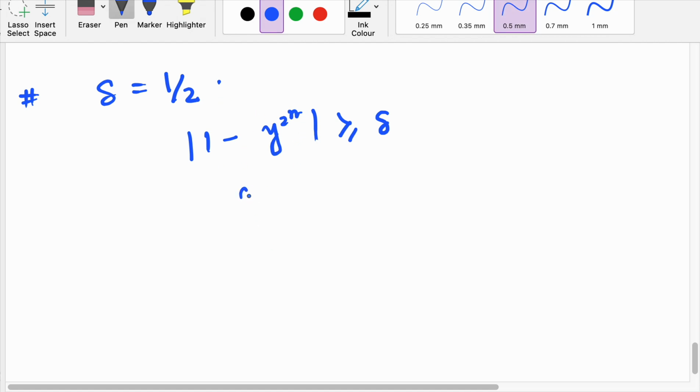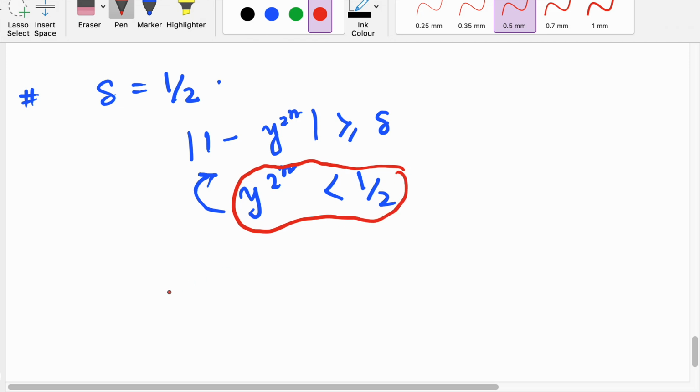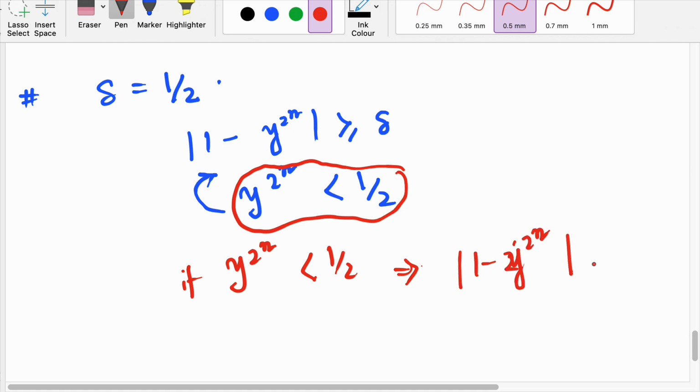That means if y to the power 2^n becomes less than half, then the above condition will be automatically satisfied, and 1 minus y to the power 2^n will be greater than delta, or half.